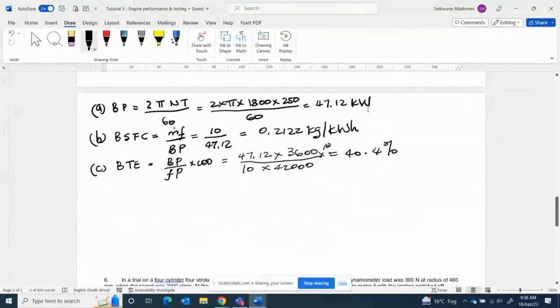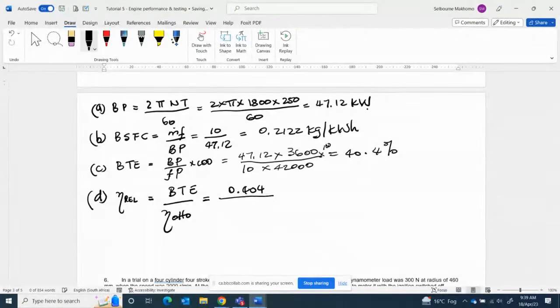So the formula for question D, the relative efficiency, is going to be brake thermal efficiency divided by Otto cycle efficiency. The Otto cycle efficiency, we know, is 1 minus 1 divided by the compression ratio 13 to the power 1.4 minus 1, multiplied by 100.